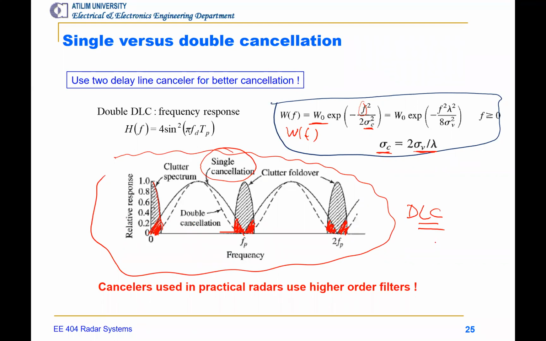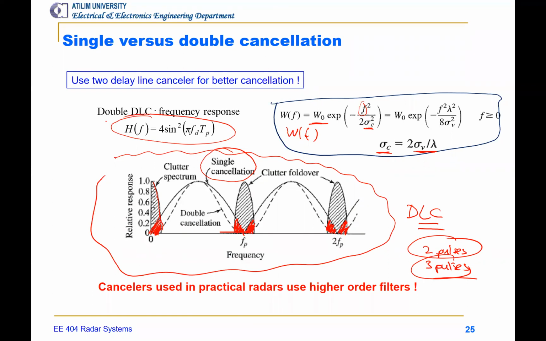So I can use 2 pulses or 3 pulses. Single cancellation means I have 2 pulses. Double cancellation means I have 3 pulses, 3 TP duration. So its response, as you can see, the transfer function follows sine squared.